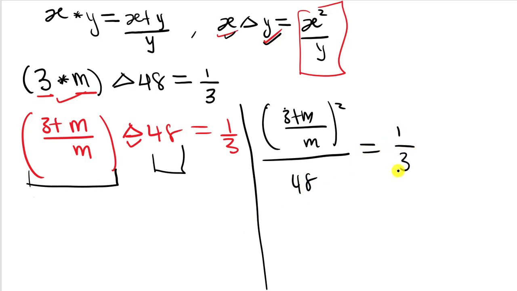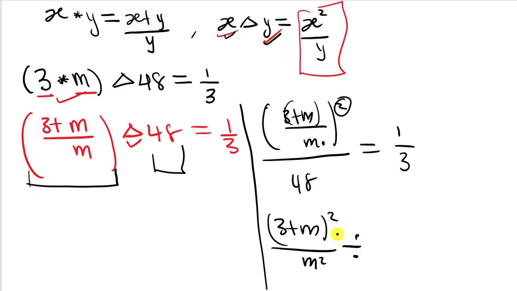So we are having this equation. Let's try solving for m. When you take the numerator of this fraction, we are going to have (3 plus m) all squared over m squared. That is, this square is going to affect this, the same square affects this m. Now divided by, let's bring the division, so divided by the 48.